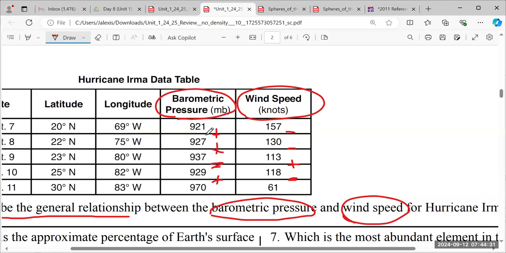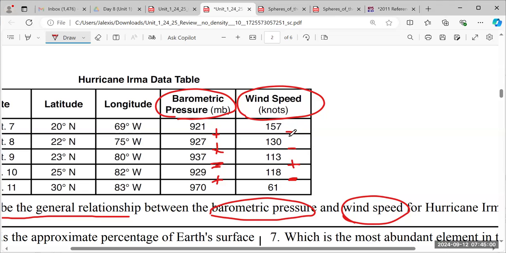Every time the barometric pressure number goes up, the wind speed goes down. When the barometric pressure right here goes down, the wind speed, what does it do? It goes up. It seems as though whatever the barometric pressure is doing, the wind speed is doing the opposite. When barometric pressure is increasing, the wind speed is decreasing.